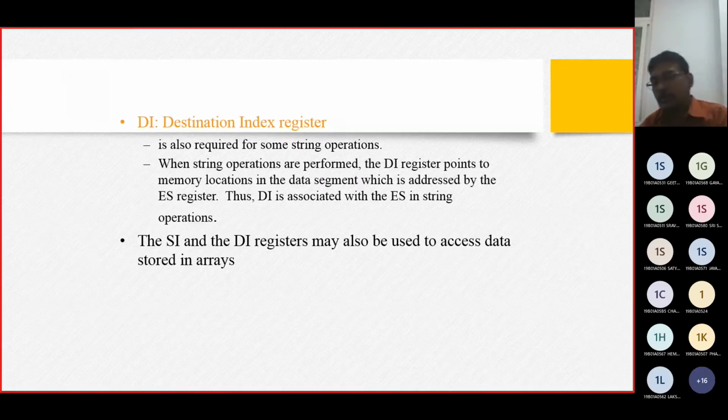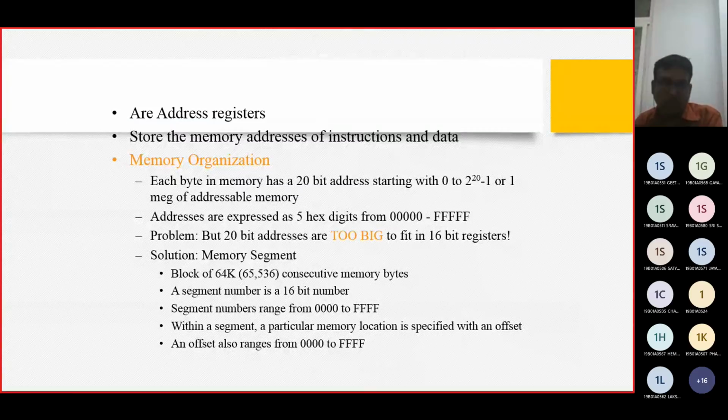We talked about the index registers and so on. Now coming to memory organization, we have a 20-bit address starting with 0, ending with 2 power 20 minus 1.